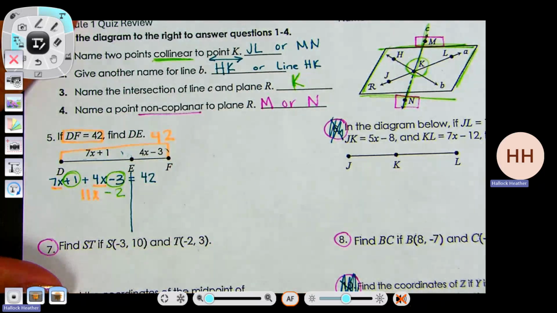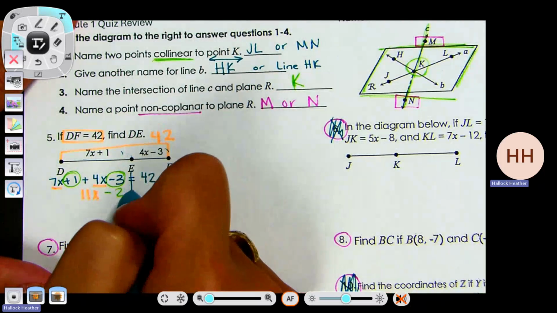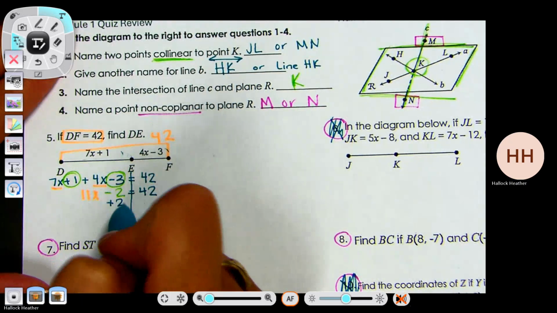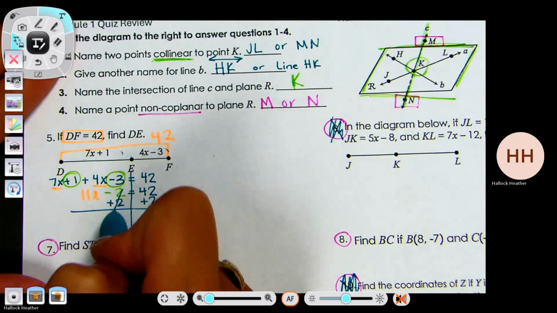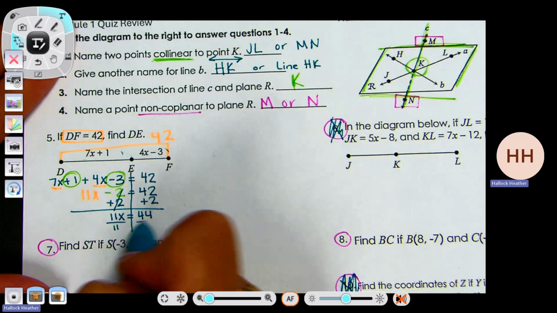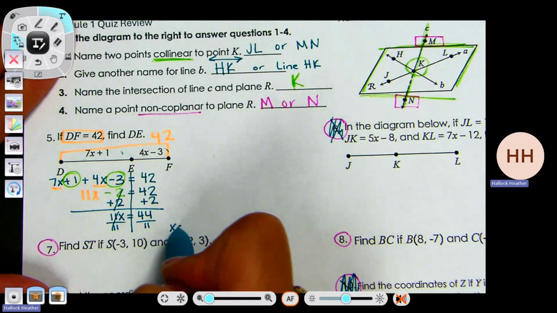When you are combining like terms, you are adding the stuff together. So I'm going to add 2. 11x equals 44. Divide by 11, divide by 11. X equals 4.